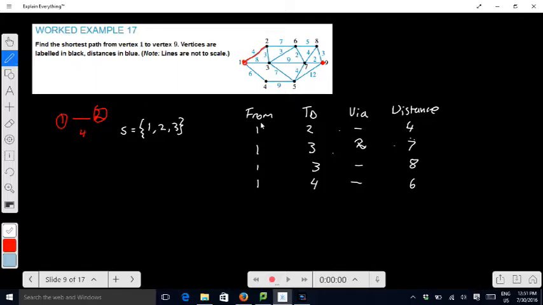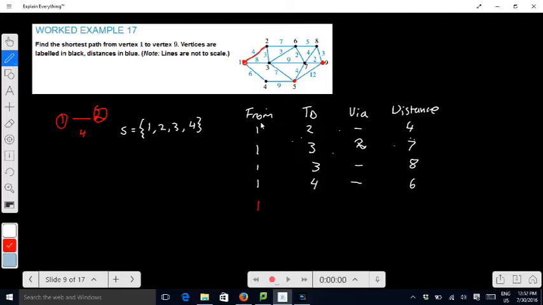Oh, hang on, I missed one. Because we got 1, 2, 3, and 4. So the next one is 5. So selecting vertex 5, which is over here, which is the next one in line.